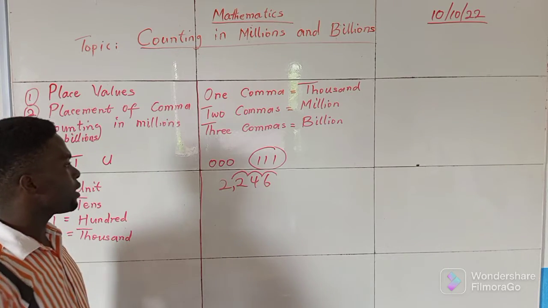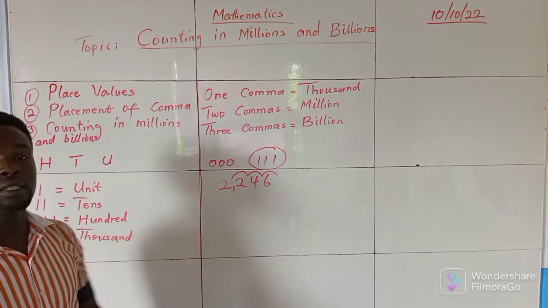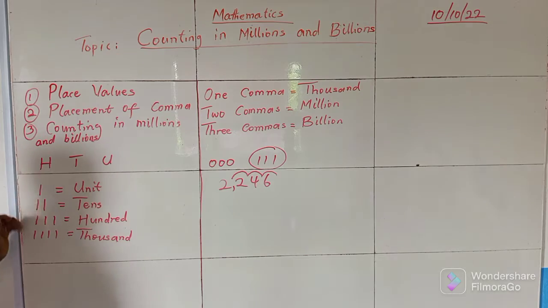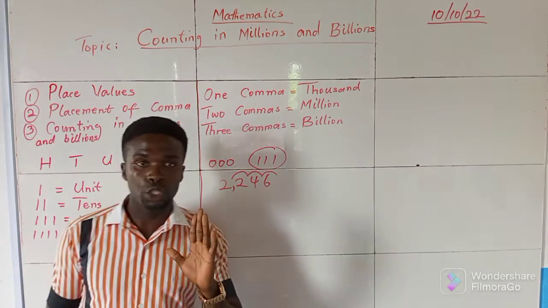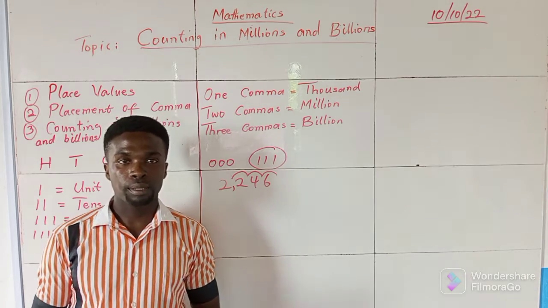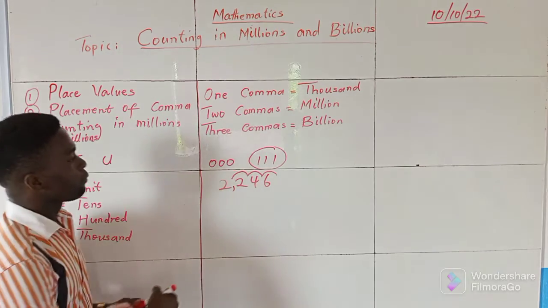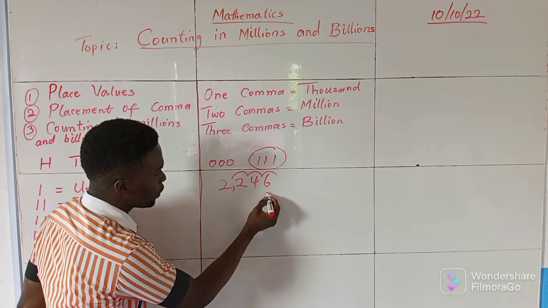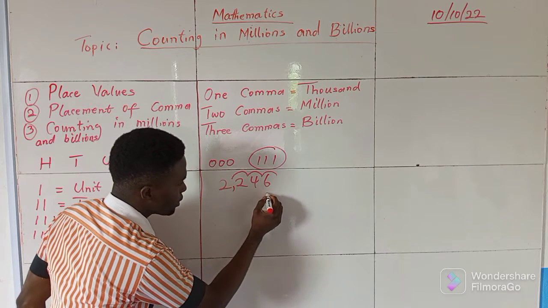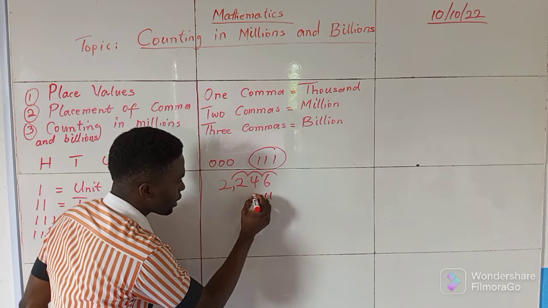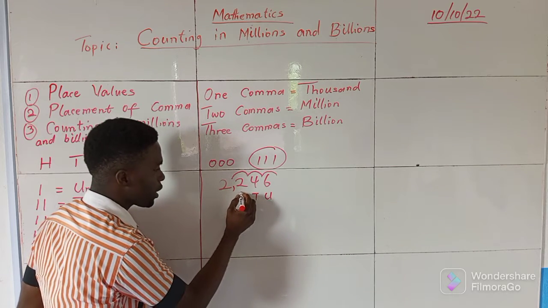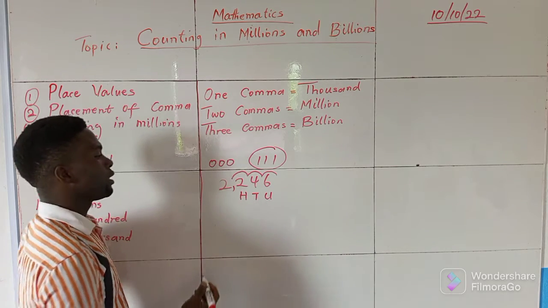Remember your place values. This is where I said the hundreds, tens and units are the 3 basic things you need to know. Are you getting it? So here you have your units. 6 is units, 4 is tens, and your 2 is hundreds.